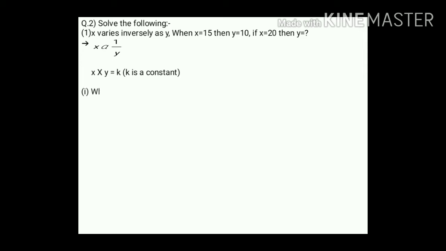First one, when x equal to 15, comma, y equal to 10, therefore, 15 into 10 equal to k. We have to multiply, children. 15 into 10, we get 150. Therefore, k equal to 150. K equal to 150 is the constant of variation.